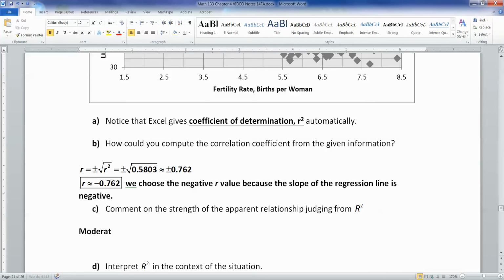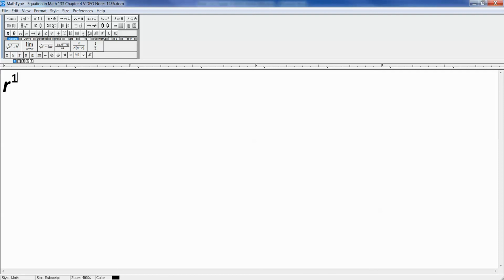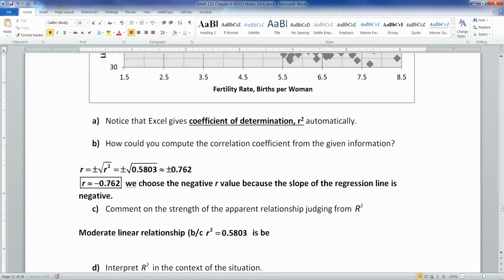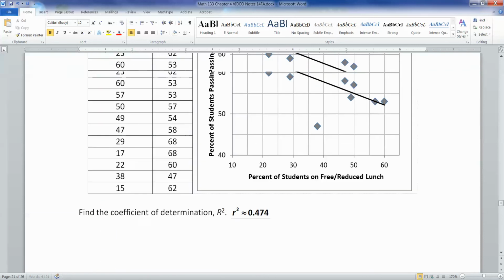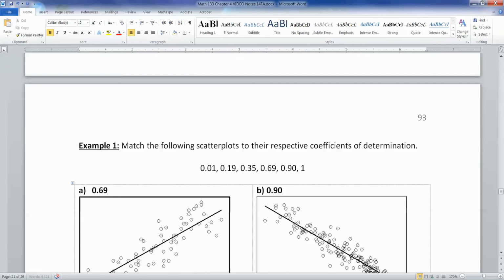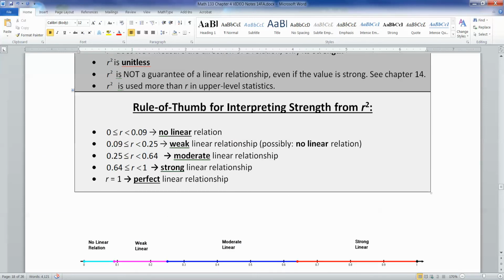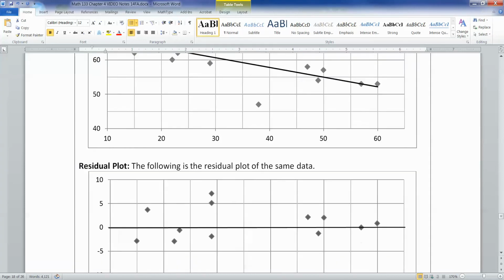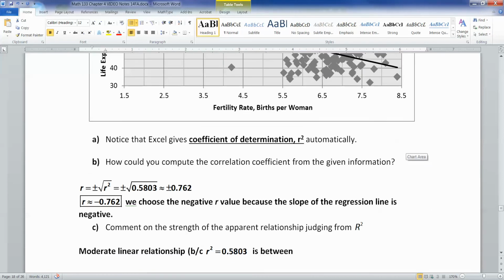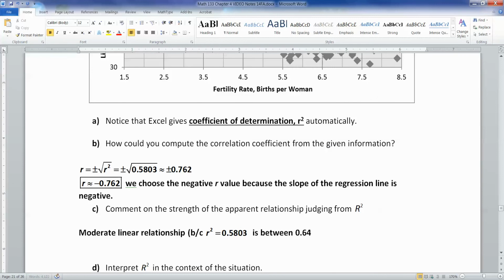So it appears to be a moderate linear relationship because R squared equals 0.5803 is between 0.64 and 0.25.